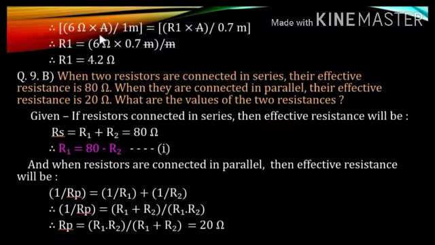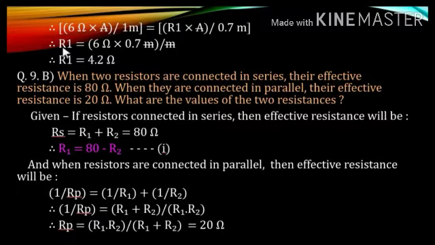In this equation, now area on both the sides will be cancelled by each other, and the remaining part, that is R1, will be kept on the same side, and this 0.7 meter which is present in the denominator, it will go into the numerator of the left hand side.